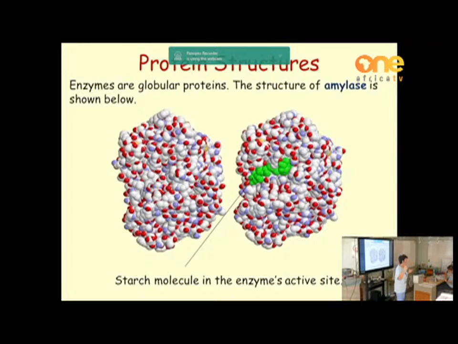Amylase will digest starch to maltose, and it's part of my saliva. You remember? Don't worry. We put it now in. Try to remember it now. But amylase is a protein. Which type of protein? A globular protein. Enzymes are part of the globular proteins.